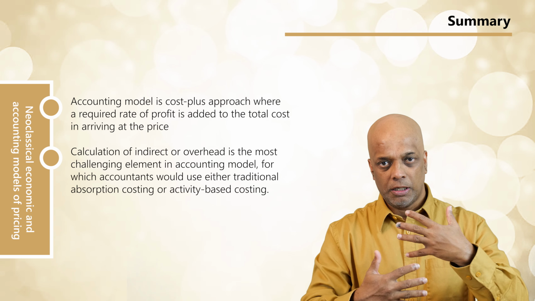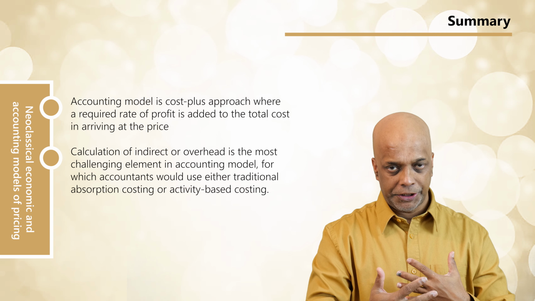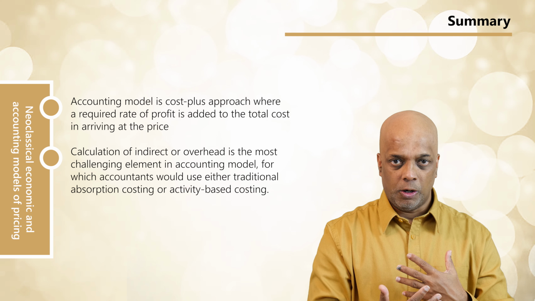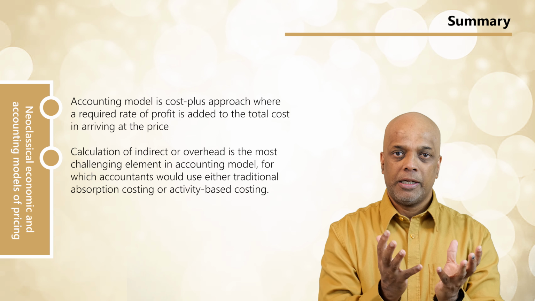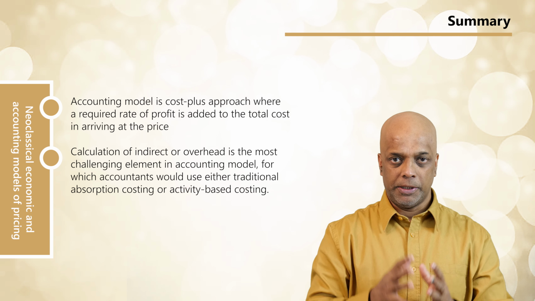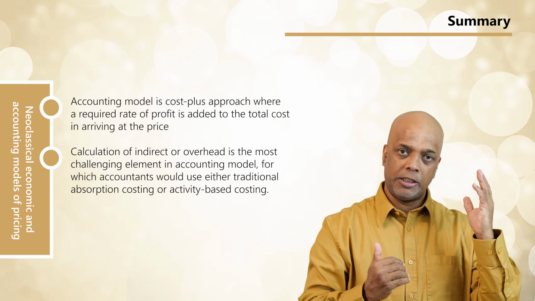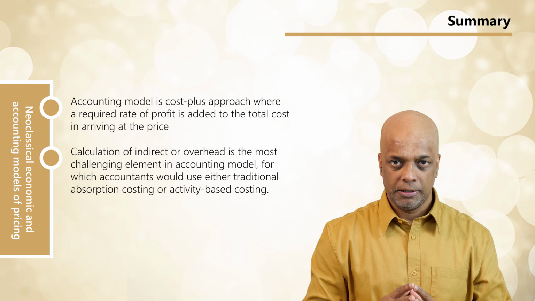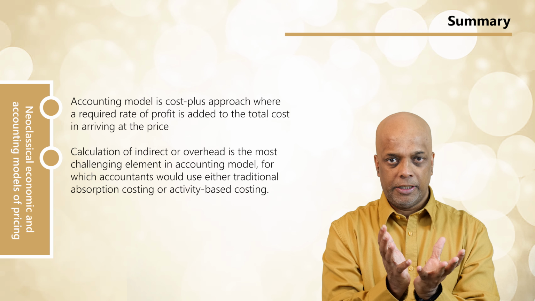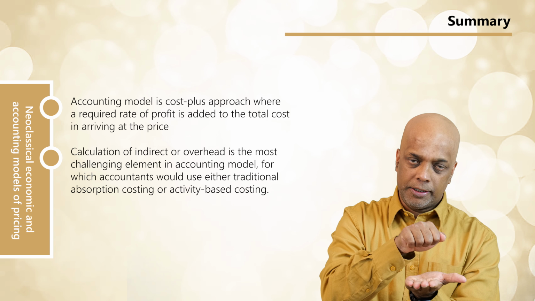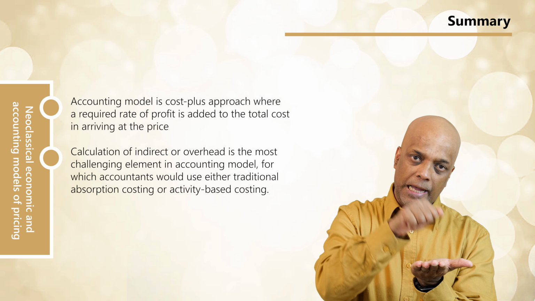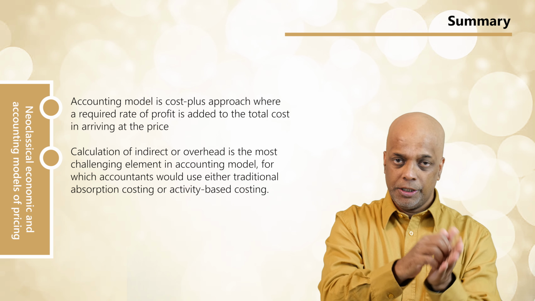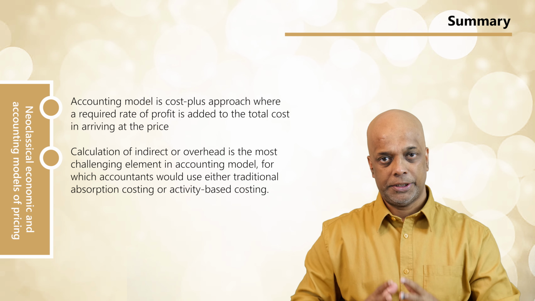The calculation of direct cost is not the biggest challenge, but calculation of overhead or the indirect cost is the challenge, for which purpose you may use either conventional absorption costing or activity-based costing. So whatever costing technique you use, once you calculate the cost, then you add your required profit margin to arrive at your price.